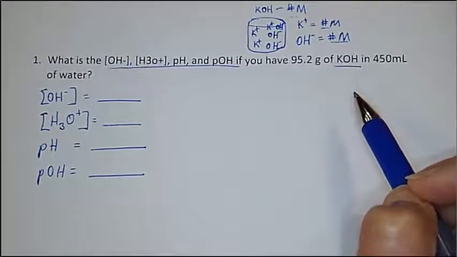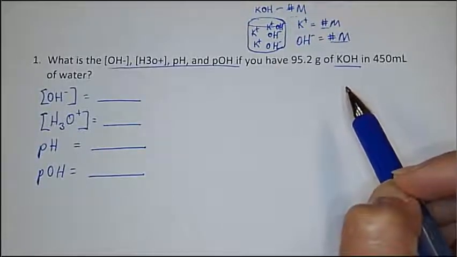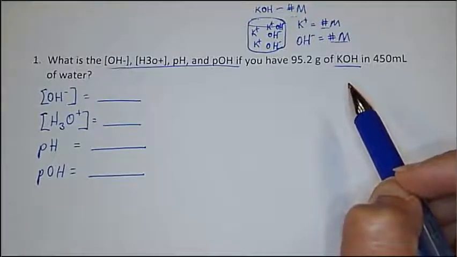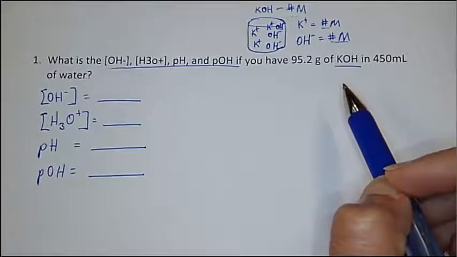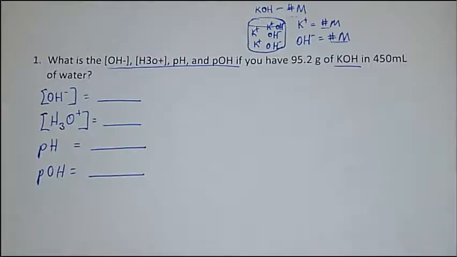In group 1, you have lithium, sodium, potassium, rubidium, and cesium, which is 5 strong bases. And then in group 2, you have calcium, strontium, and barium. So those are the 8 strong bases that you have, okay?